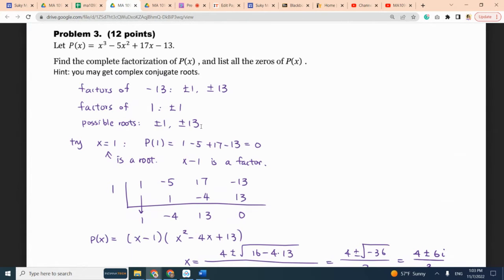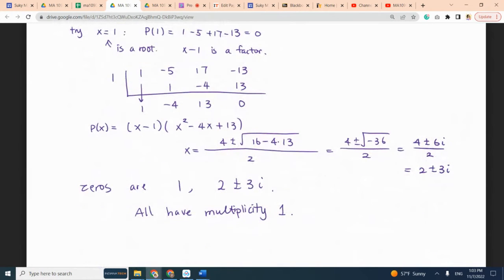Okay? Therefore, using synthetic division, we get P of x equals x minus 1 times x squared minus 4x plus 13. Right? And then, if you can factor it, that's great. But if you cannot, use the quadratic formula. Negative b plus or minus the square root of b squared minus 4ac, over 2a.